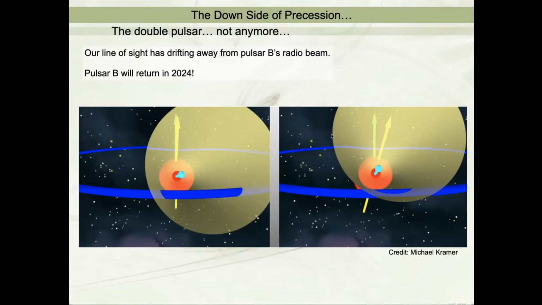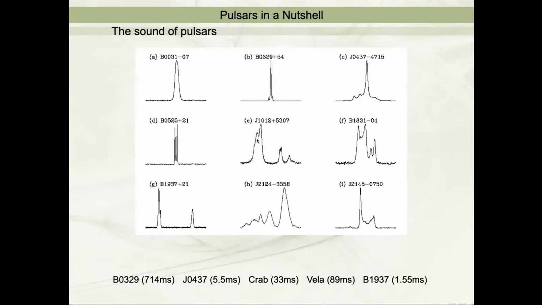And so looking at the pulse shapes enables us to try to understand a bit how that emission process takes place. For a lot of them, you see only this unique bell-shaped thing. So you can imagine the cone might just be a bright, fuzzy object that fades away towards the edges. But in some other cases, you see two of these that are quite far apart, about half a rotation apart.